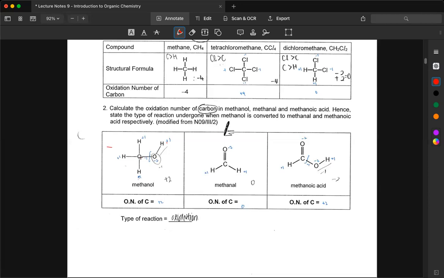The immediate neighbor, okay, let's look at the oxygen first. The oxygen is a bit tricky because it's bonded to both C and H. So the hydrogen here is plus 1. Oxygen by right, if it is only with another element, is -2 by itself, like MgO. But in this case, it really depends. So plus 1 here.